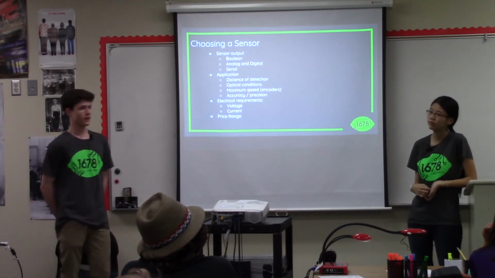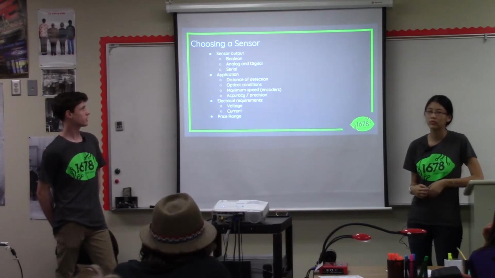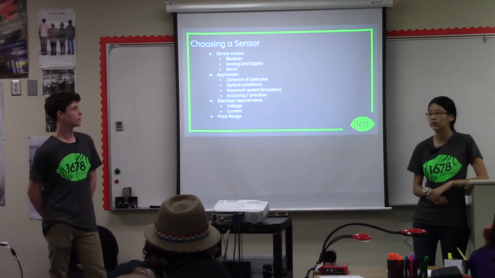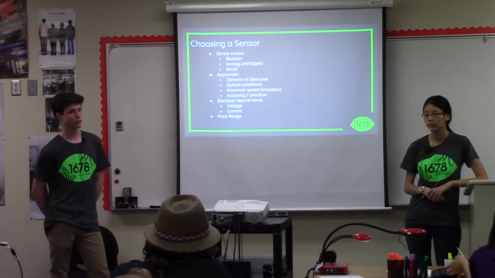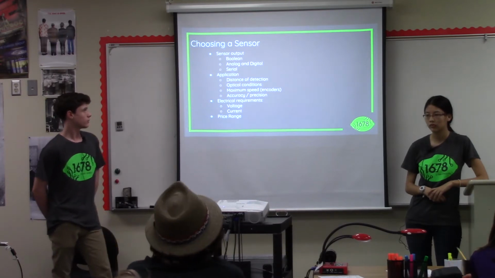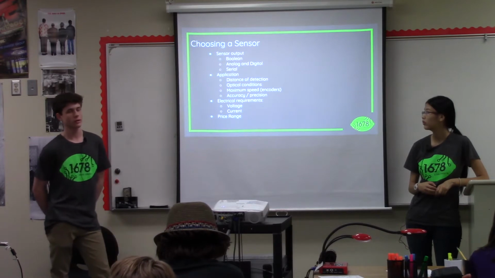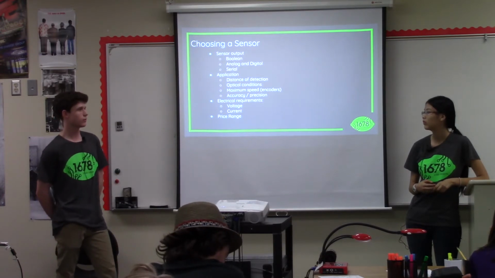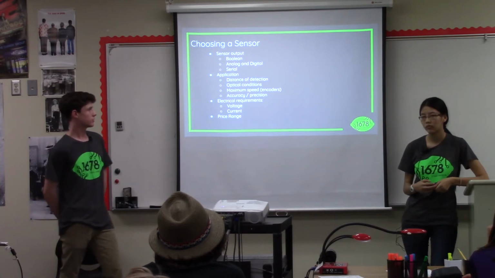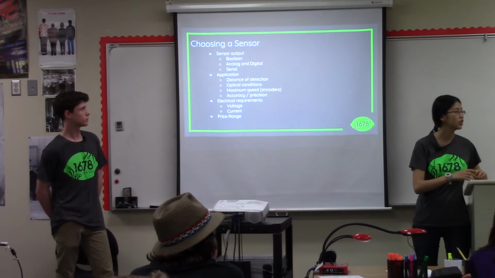There are several aspects you have to consider when choosing a sensor, like the output that you would like the sensor to give, and figuring out which sensor is compatible. You also have to consider the distance, like if you have a proximity sensor, how far away you would need it to sense, the maximum speed, and optical conditions.